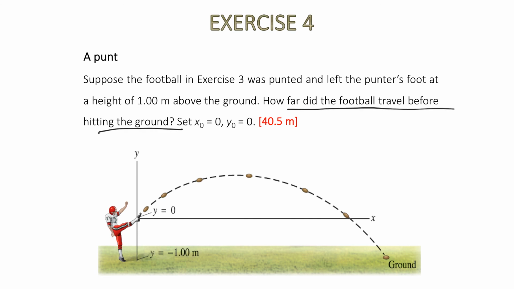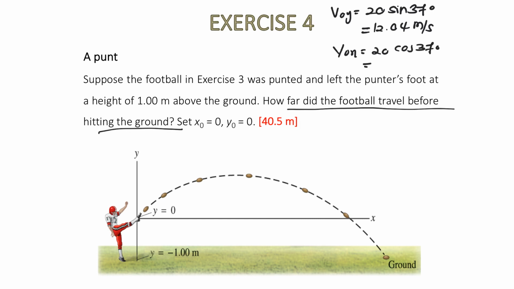You may use the velocities from exercise 3: v naught y is 20 sin 37 degrees, which is 12.04 meters per second, and v naught x is 20 cos 37 degrees, which is 15.97 meters per second.